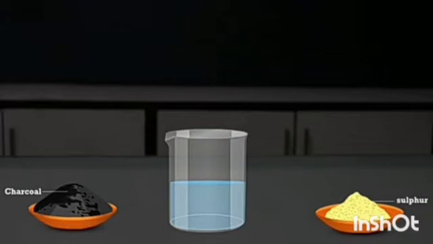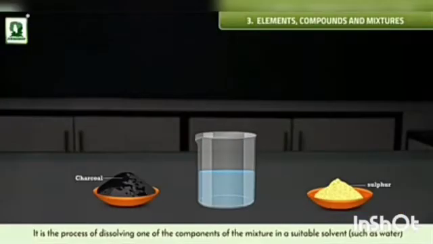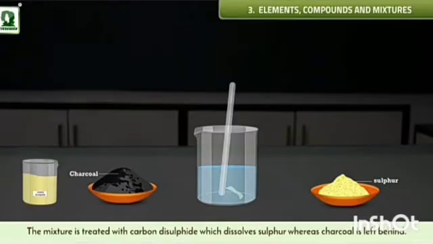Charcoal is insoluble and sulfur is soluble. Then we take this mixture and dissolve it in carbon disulfide. Carbon disulfide is a solvent in which sulfur can easily dissolve. When this mixture is dissolved in carbon disulfide, the sulfur dissolves, whereas charcoal is left behind.